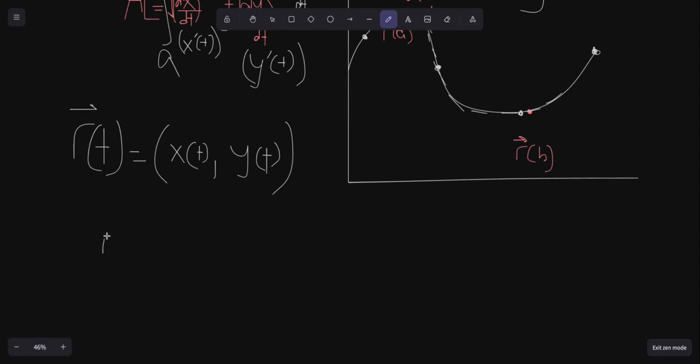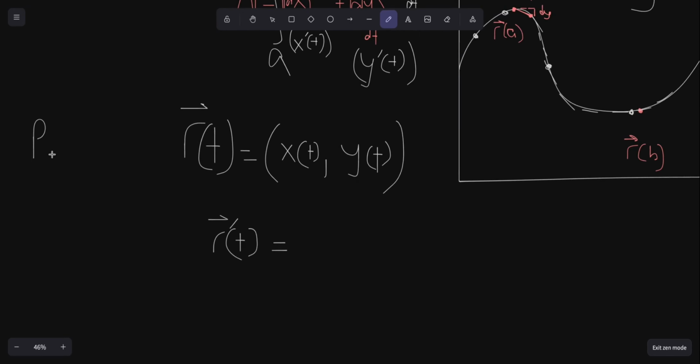So first of all, let's consider what r prime of t is equal to, right? Well, we said how if you differentiate position, so if r of t represents the particle's position at some time period, then if you differentiate this with respect to time, you're going to get your velocity function.